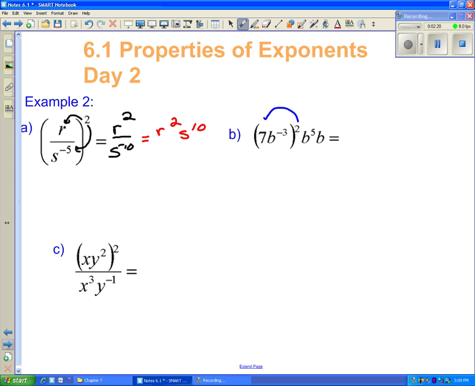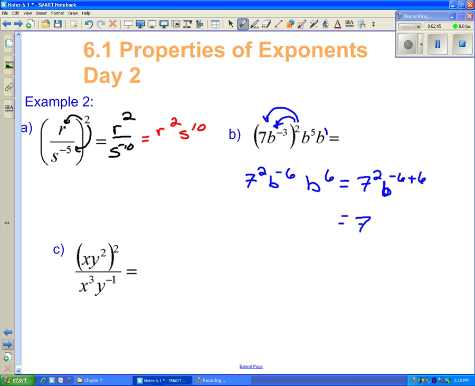So let's try this one, letter B. Again, the first thing I'm going to do is to distribute that 2 into the power. So this is 7 to the 2nd, b to the negative 6th, b to the 5 plus 1, positive 6th. Well, again, add the exponents. So this is 7 squared, b to the negative 6 plus 6.